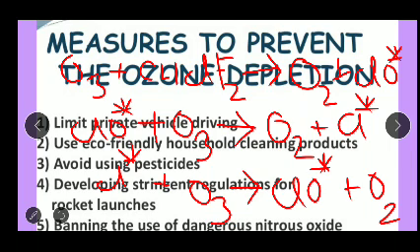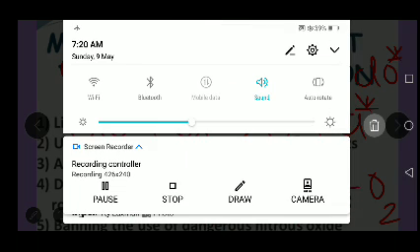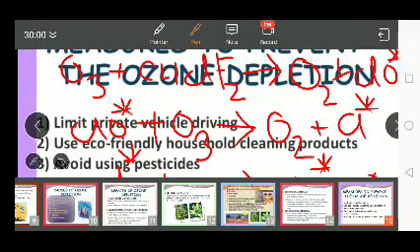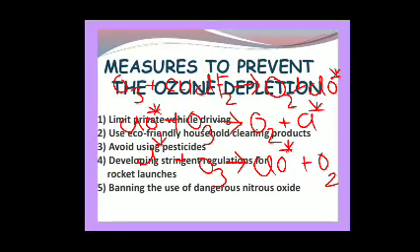These are the reactions involved in ozone layer depletion. In these reactions, O3 reacts with CHClF2 to give O2 plus ClO, chlorine monoxide.